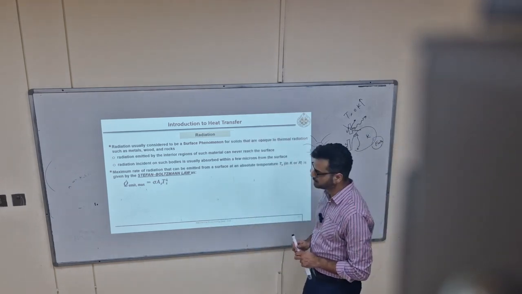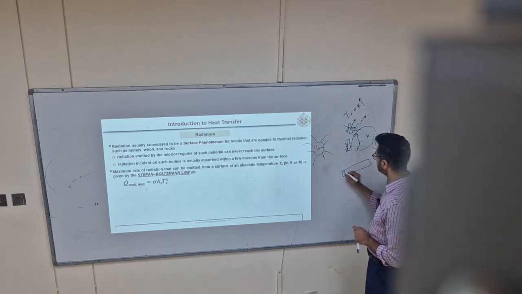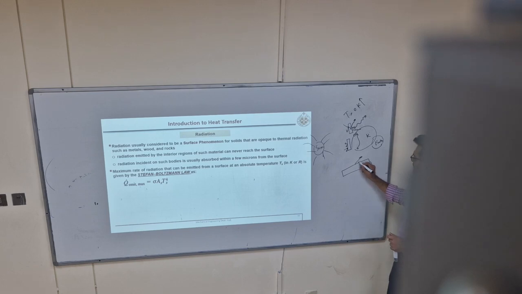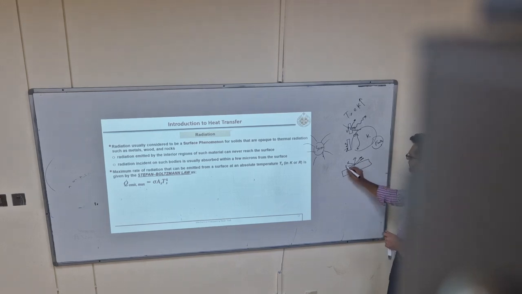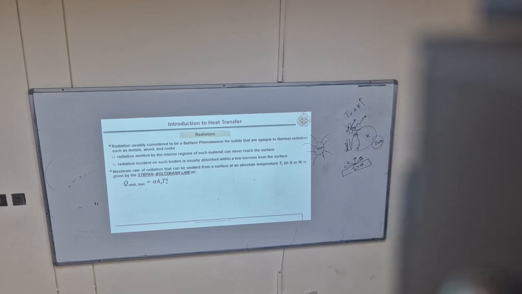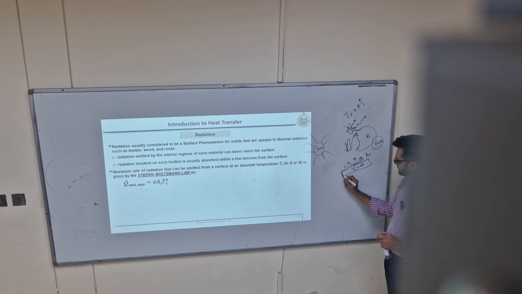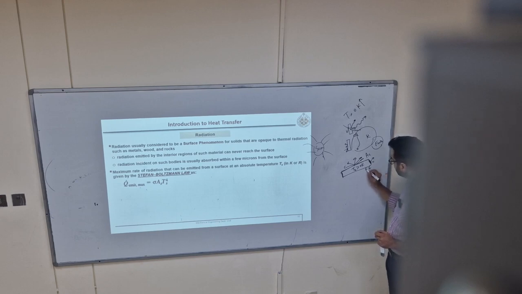Emitted by a body is given by this equation. So here it depends upon, of course, the surface area of that body. It is emitting radiation because its temperature is greater than 0 Kelvin. So it depends upon its surface area. This area, if it is emitting here, will also be emitting radiation, if it is placed in open space.